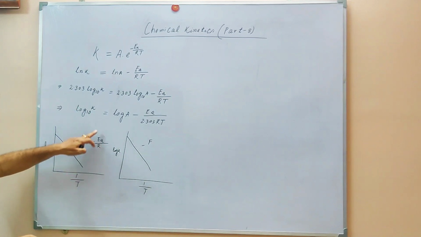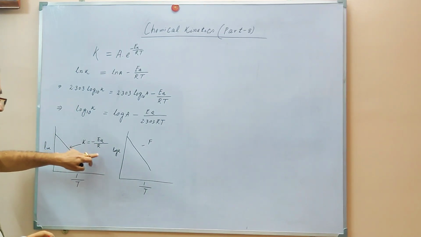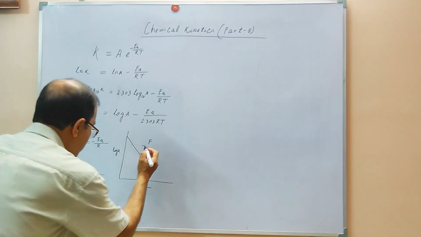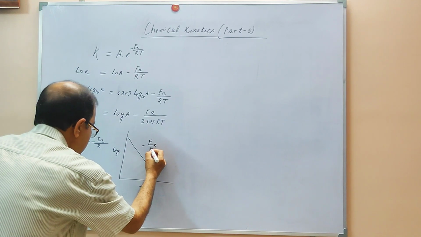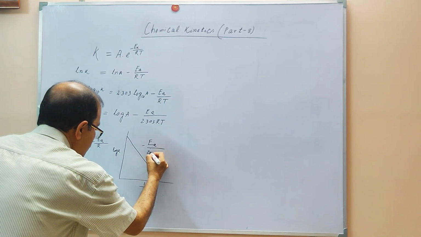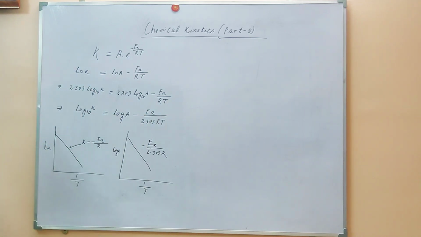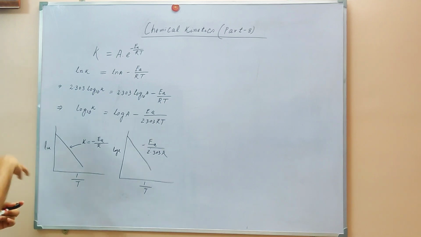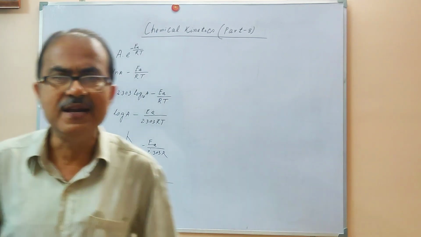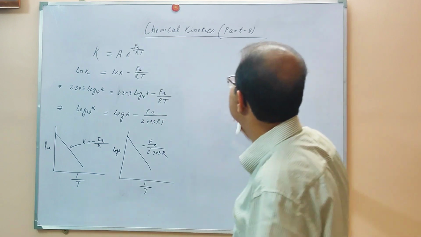Here the slope will be Ea by 2.303 R. Okay, this is a very important graph of the Arrhenius equation, where we expand the equation like this.